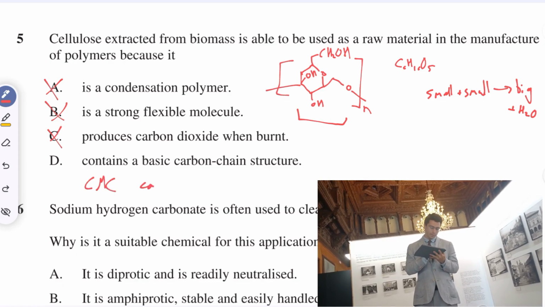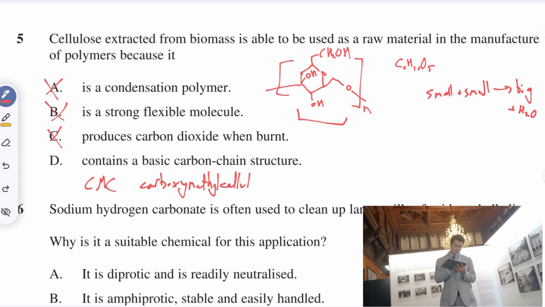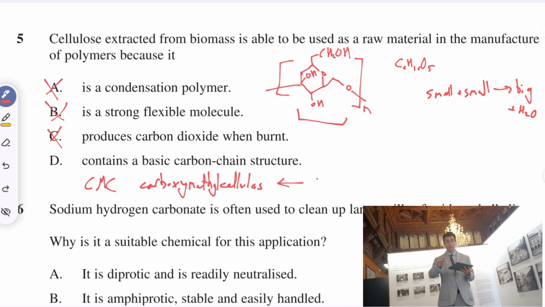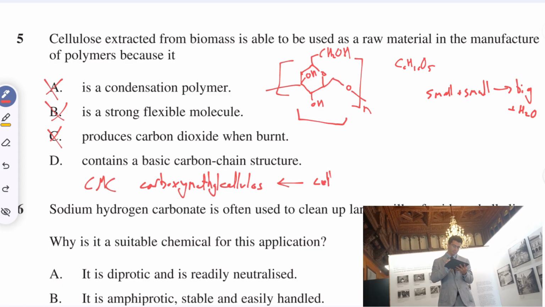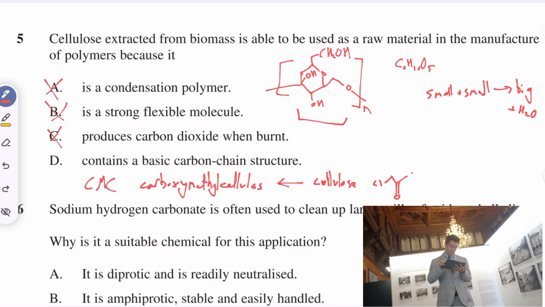CMC stands for carboxymethylcellulose, and it is generated by mixing under alkaline conditions cellulose and chloroethanoic acid or chloroacetic acid.